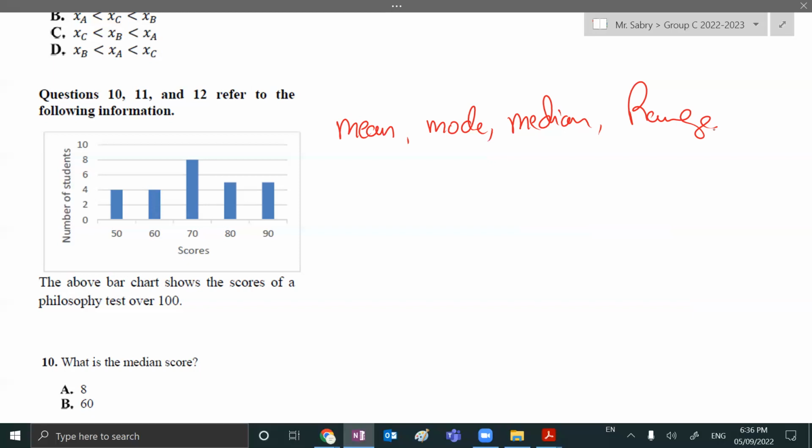Okay, Mister, I'm done. Okay, tell me. So the mean is 70.6. The mode is 70, the median is 70, and the range is 40.